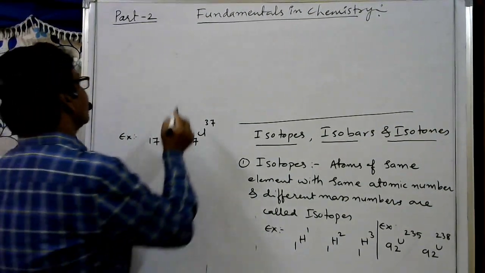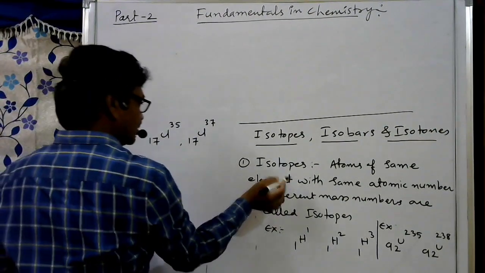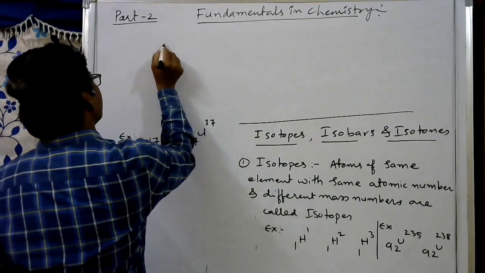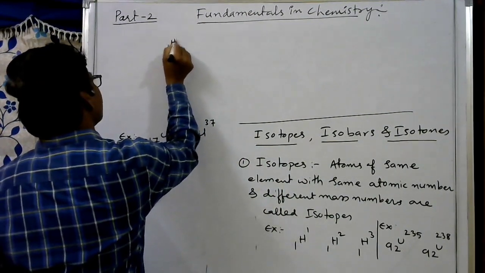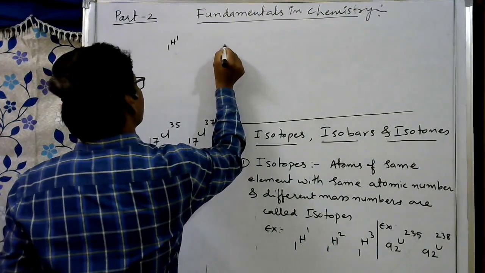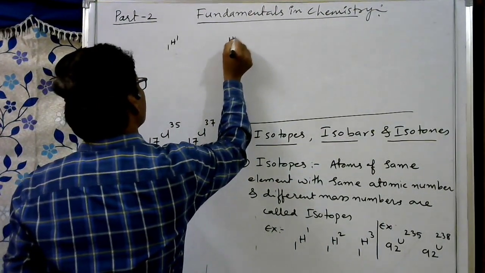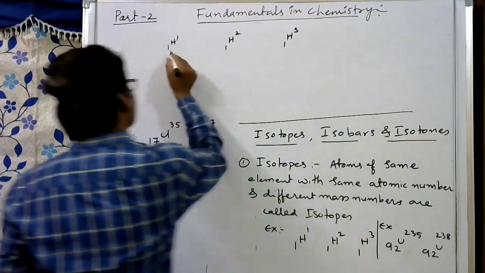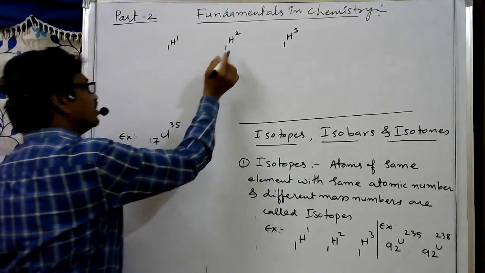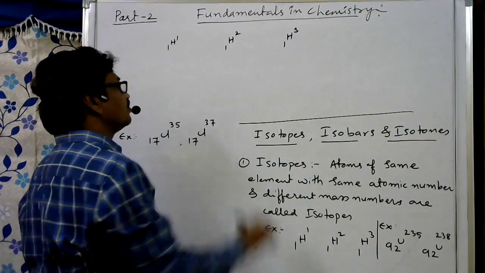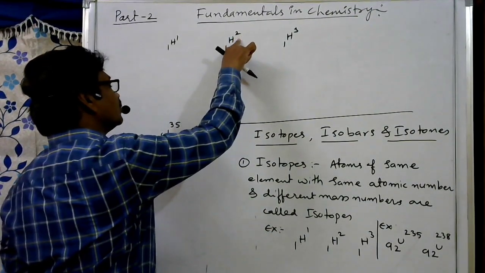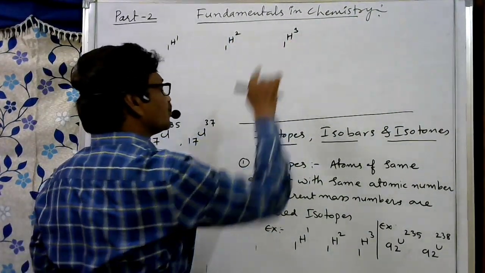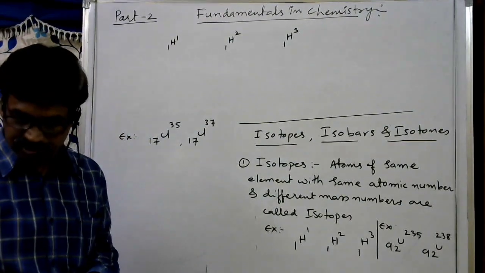See here, the first example I am taking: 1H1, then 1H2, then 1H3. This is normal hydrogen. This is called deuterium, because its mass is more, heavy hydrogen. This is tritium, also called radioactive hydrogen.